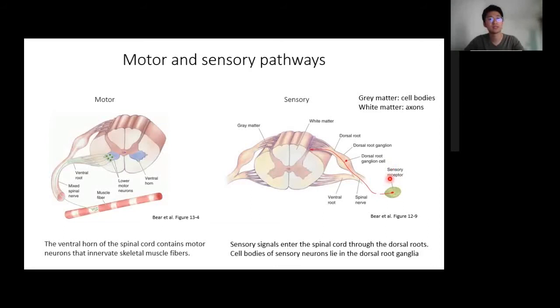And interestingly, these sensory cells are not located inside the spinal cord. They are located in a place called the dorsal root ganglion. So it's here, the cell body, inside the spinal nerve. So basically one axon transfers the signal directly from the outside into the spinal cord.